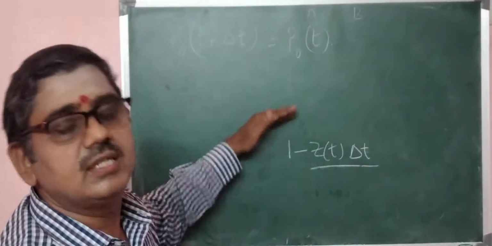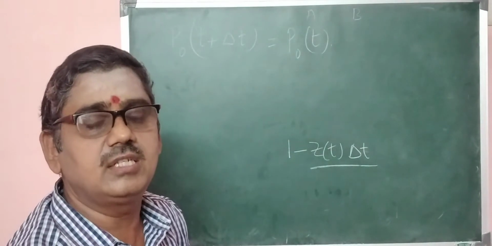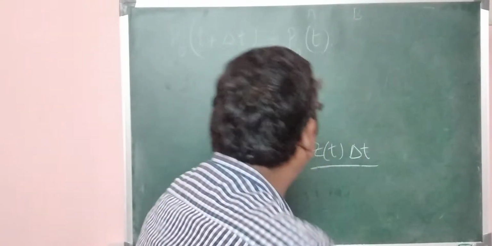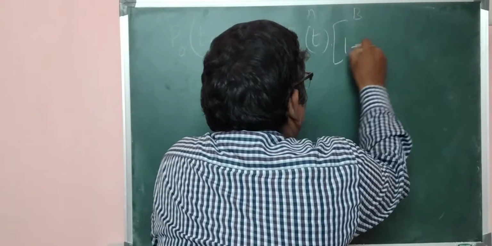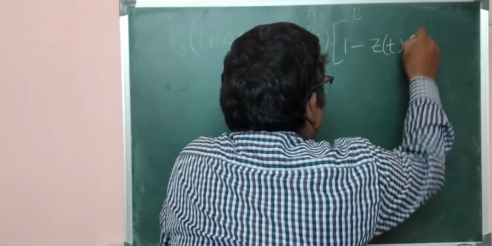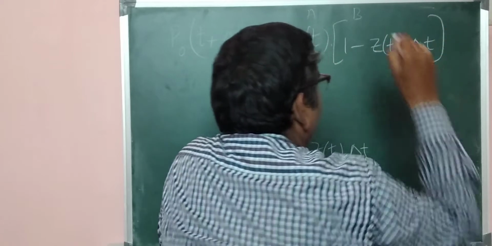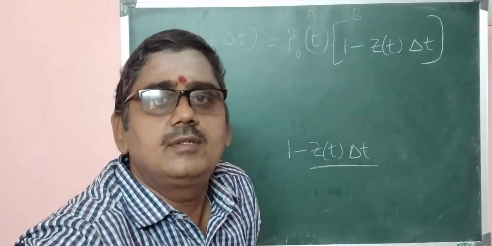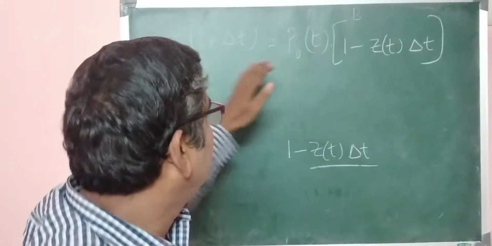This is 1 minus, which is nothing but survival, that is, still working, the probability that it will not fail. So it is nothing but 1 minus z of t into delta t. Hope you understand. Clear? This is the picture.